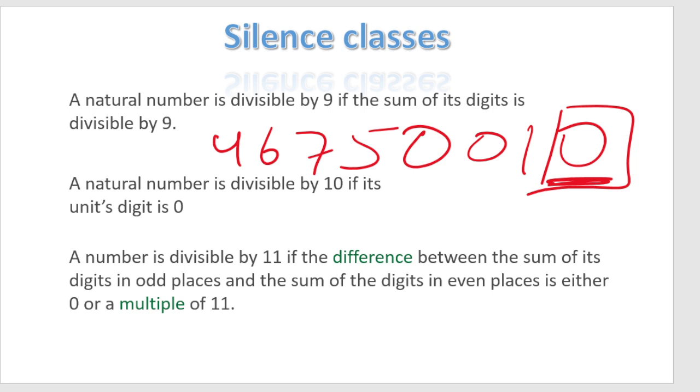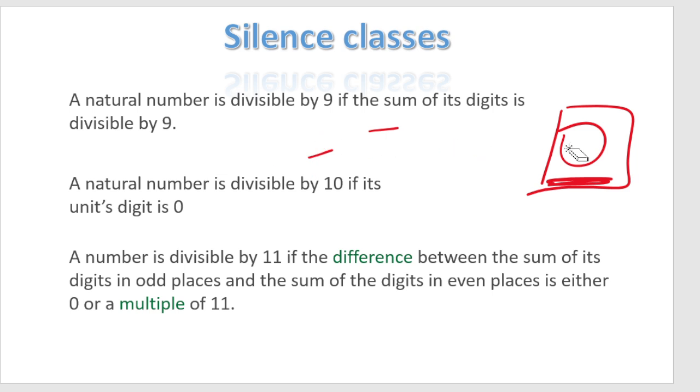Now the last one, the divisibility rule of 11. A number is divisible by 11 if the difference between the sum of its digits in odd places and the sum of its digits in even places is either 0 or a multiple of 11. You have to understand this concept very carefully.